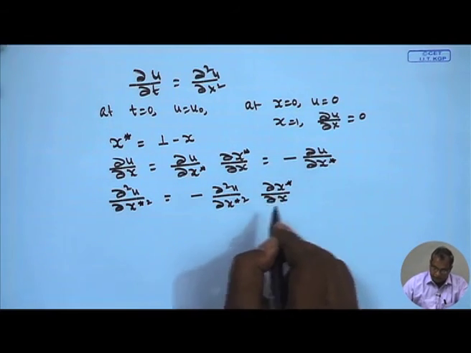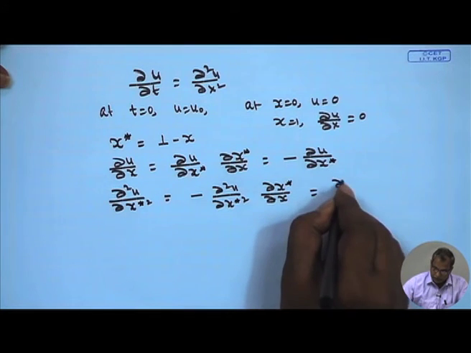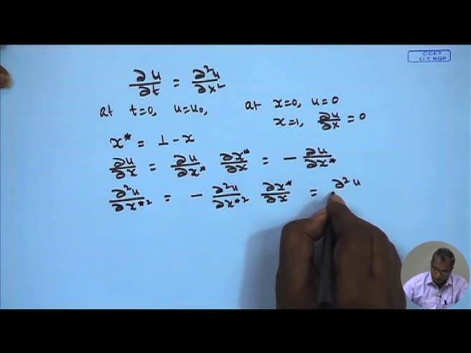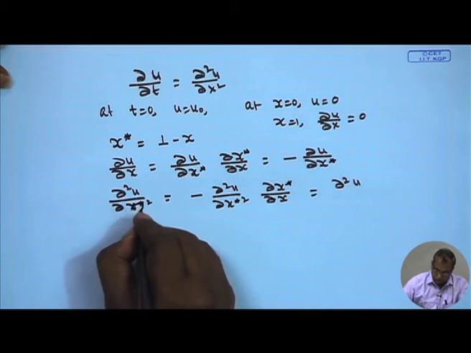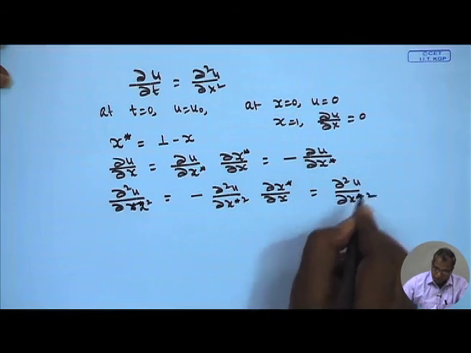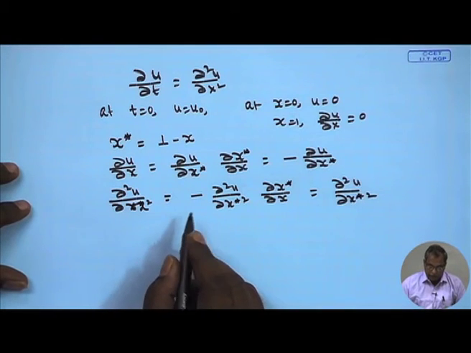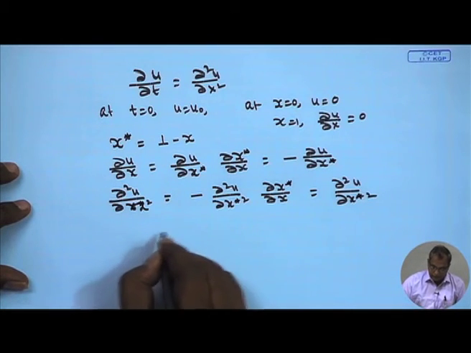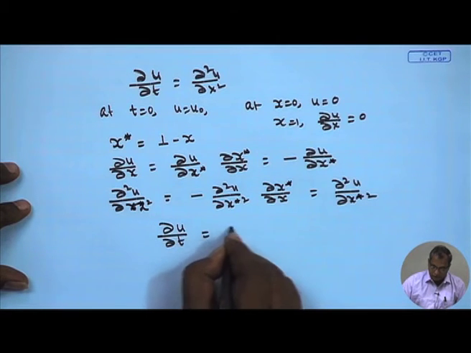Del x star del x is again minus 1. So, it will become del square u del x star square.